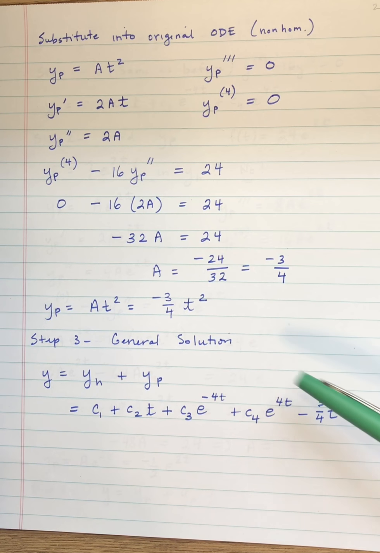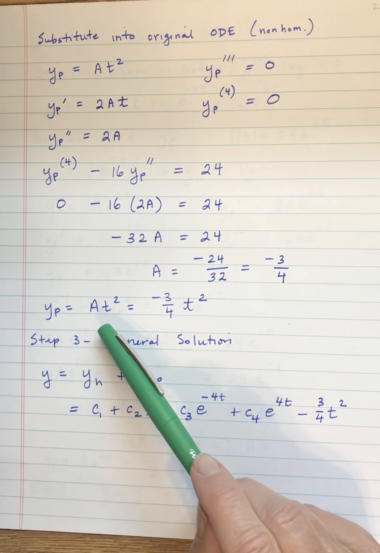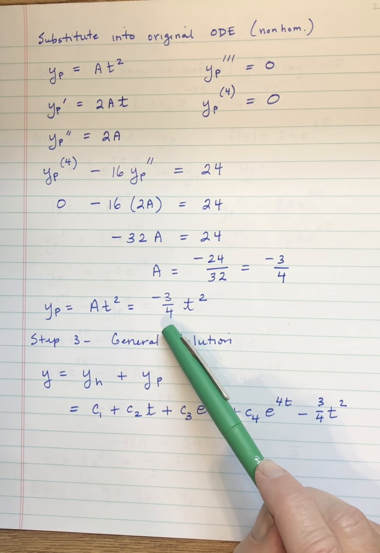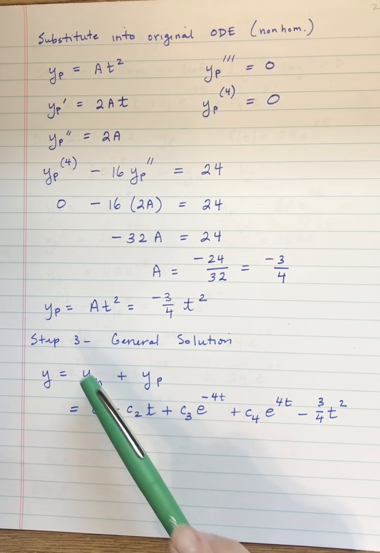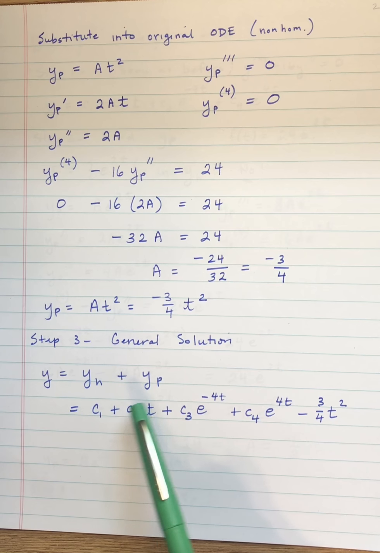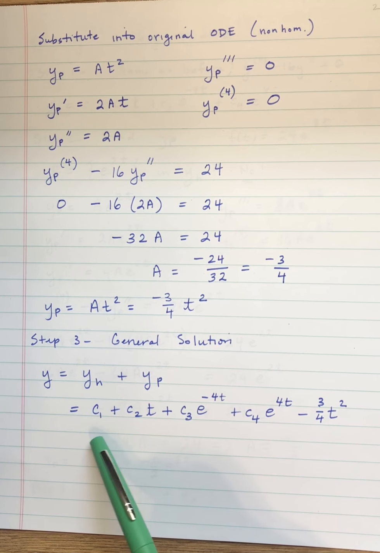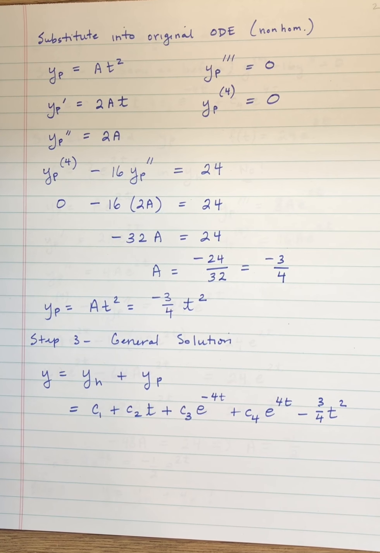When we divide both sides by negative 32, we can simplify to get minus 3/4. So our particular solution is at squared, where a is minus 3/4. So of course in our general solution, our last step is just to add the homogeneous and particular solutions, and that's what we get. So that's the solution to the non-homogeneous differential equation.